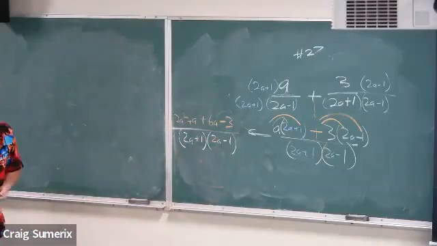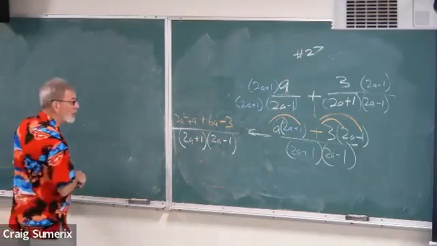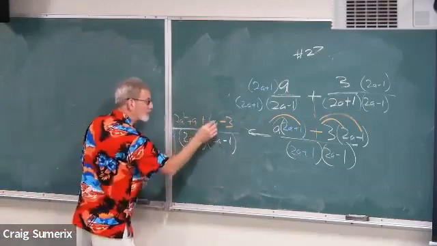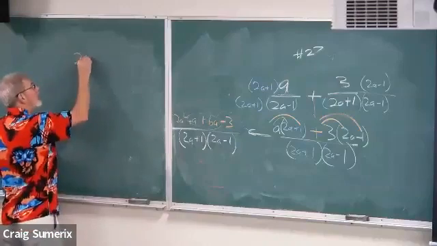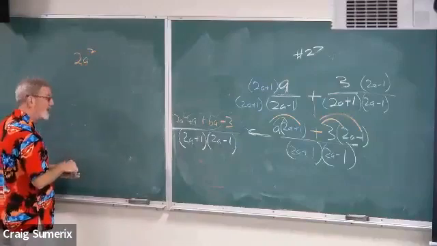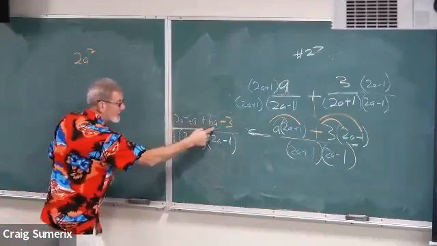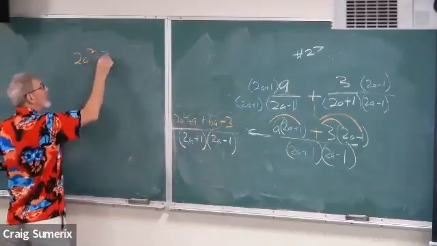Can you clean it up anymore? Can you do anything to that top to clean it up more? Well, I can combine like terms, couldn't I? 2a squared, a and 6a is 7a, isn't it?